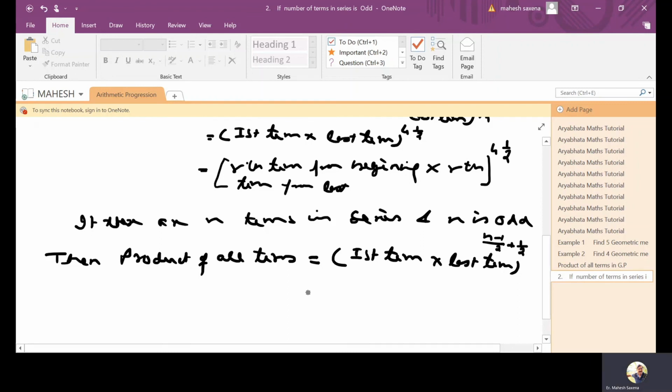That is equal to first term into last term whole to the power n by 2.